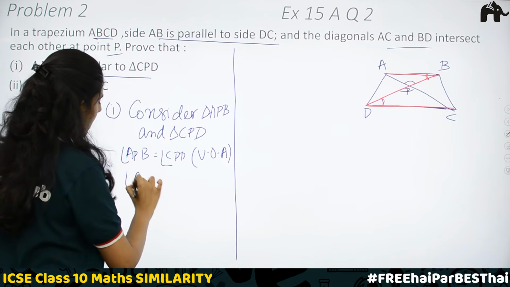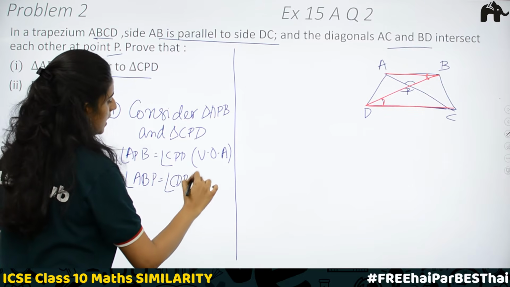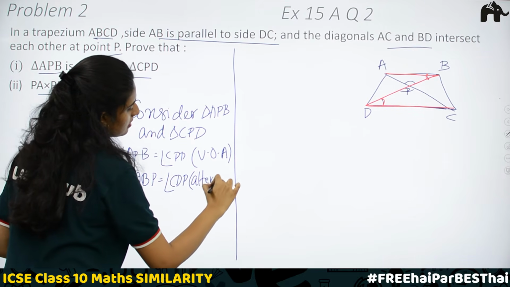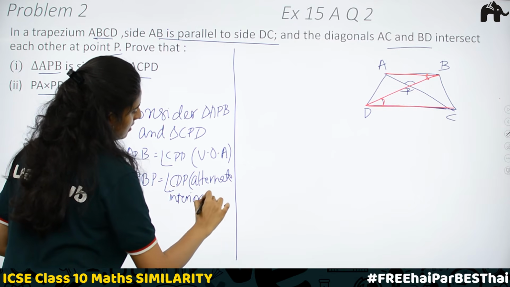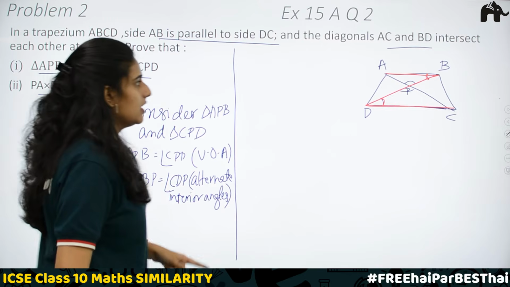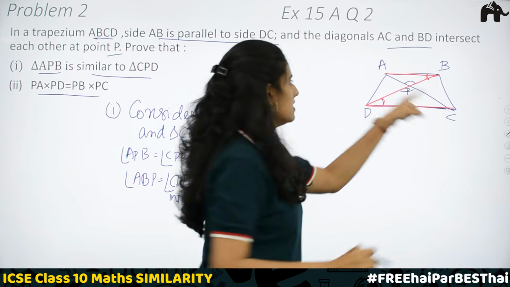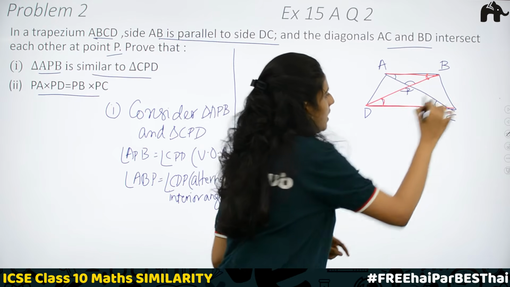Angle ABP is equal to angle CDP. They are alternate interior angles. Similarly, AC is another transversal. When AC passes through this part, these two angles will be equal.